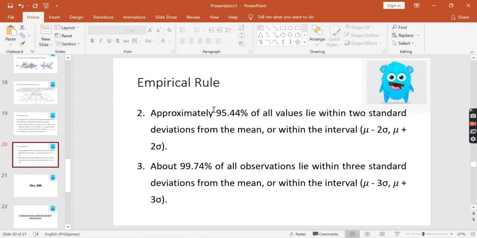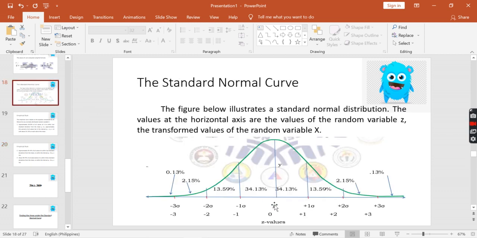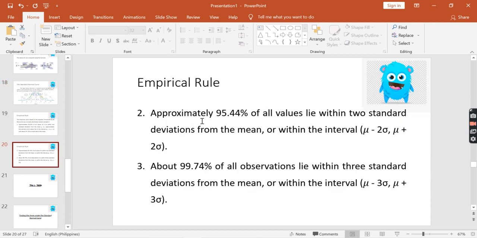Approximately 95.44% of all values lie within two standard deviations of the mean. So, tingnan natin. So, two standard deviations daw. Going to the left, 0, 1, 2, so here from 0 until negative 2. Pag inadd mo yan, same thing, going to the right, from 0 to 2. Pag inadd mo yung both sides, ang answer niya daw ay 95.44. Same goes with 3 standard deviations.